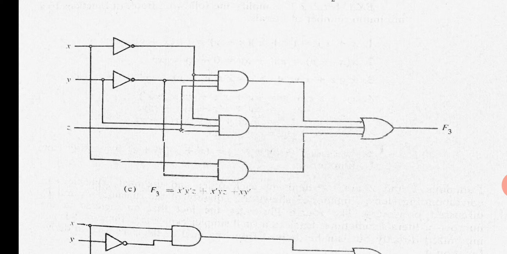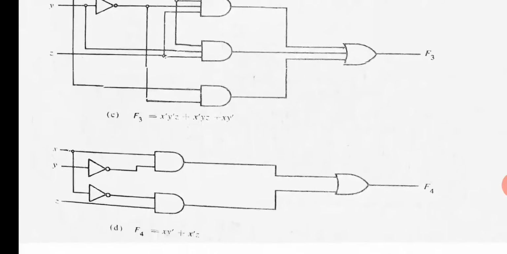You cannot directly pull out some lines. In that syntax only you have to go, the representation has to be in the same way. You should not change the representation of the logic circuit. Fine. So like this you can build the logic circuit for a particular expression. If you have doubt, you can ask, you don't need to worry much on this.